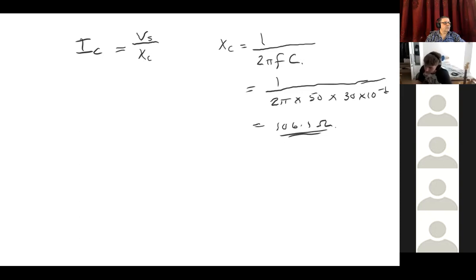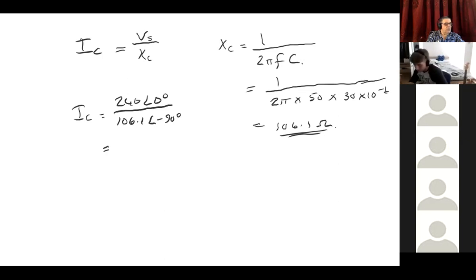So then IC is equal to 240 angle 0 over 106.1 angle minus 90. Like you say, we already did that. 2.262 amps, angle 90 degrees.